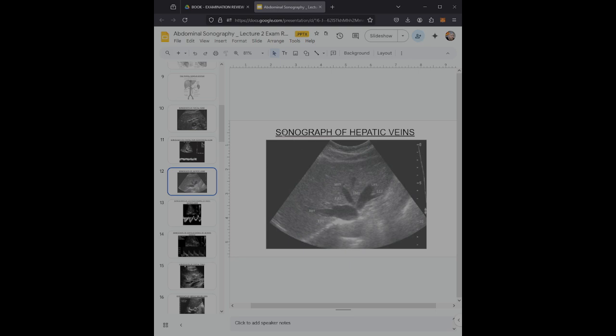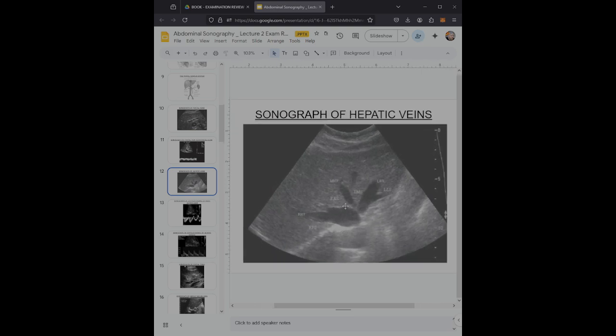So, we have a sonograph of the hepatic vein, and these veins are quite engorged. And so that is probably indicative of some kind of hypertensive process, but I'm not so sure what the conclusion was in this case.